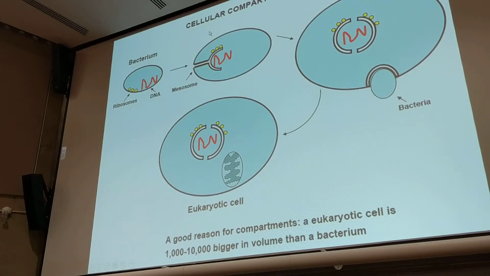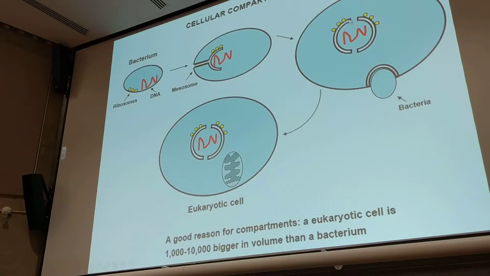Thousands or millions of years ago, the cell grew in volume, which allowed for invaginations, where the ribosomes remain at the outside of the invagination, and the DNA was protected by this membrane.